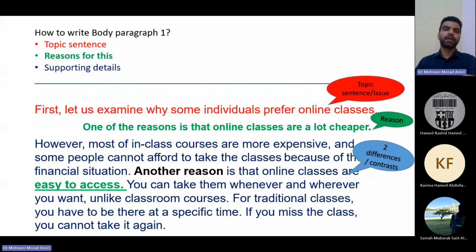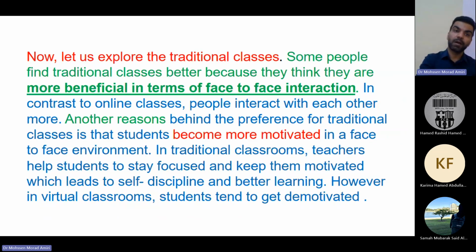The same way here, first we wrote why some people prefer online classes. We wrote the reasons, and in the second paragraph you write why some people prefer traditional classes. You should give reasons.